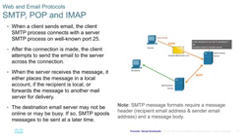SMTP, POP, and IMAP. When a client sends email, the client SMTP process connects with the server SMTP process on well-known port number 25. So port number 25 is a standard well-known port for the SMTP process. After the connection is made, the client attempts to send email to the server across the connection.